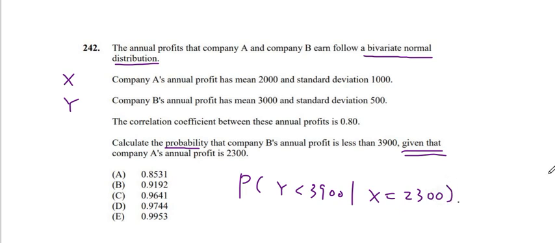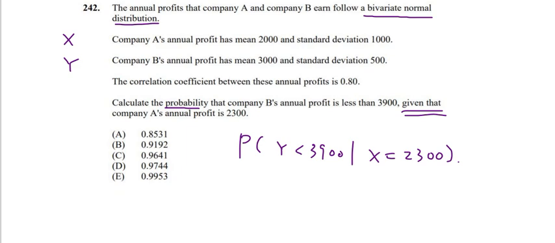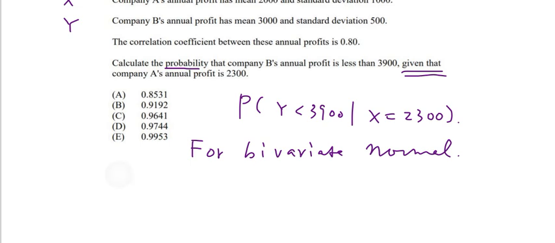So for the conditional distribution of Y, we use this formula. For bivariate normal, for the conditional, Y given X equals x follows a normal distribution.